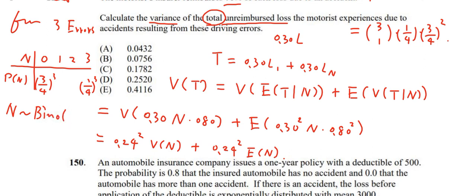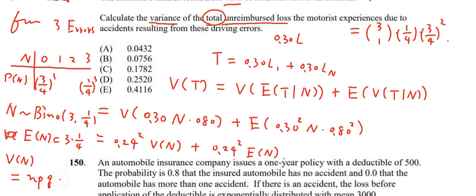So here N is 3 and P is 1 over 4, right? Okay, so we know this En is just equal to NP, right? And Vn equals NPQ.